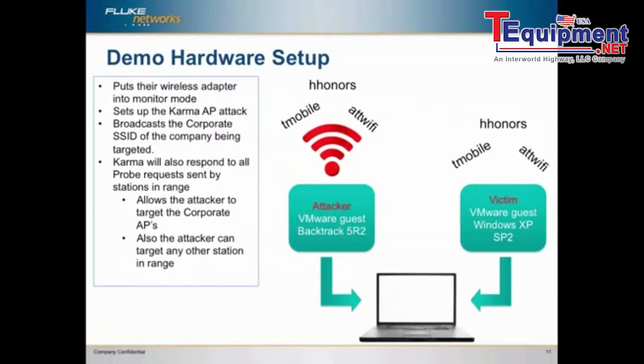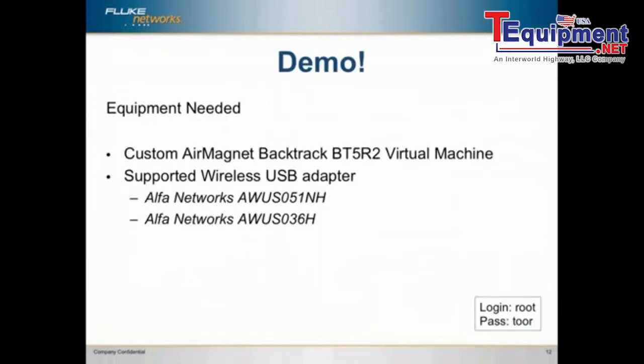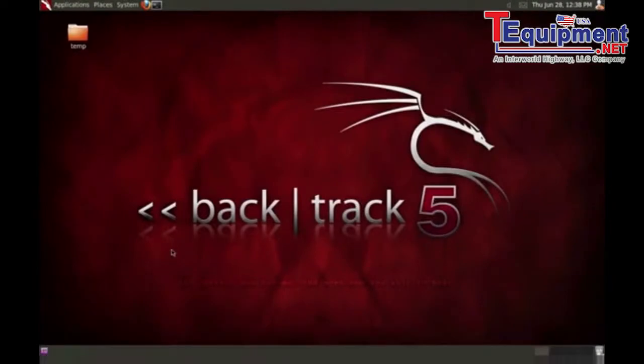He's attacking the target access point, which could be a corporate AP or a hotel or a hotspot, as well as attacking the clients, what they're really looking for. Equipment needed: again, we're going to use the VM virtual machine, Backtrack BT5R2, and a couple of supported wireless USB adapters. Okay, so let's go ahead and jump right in.